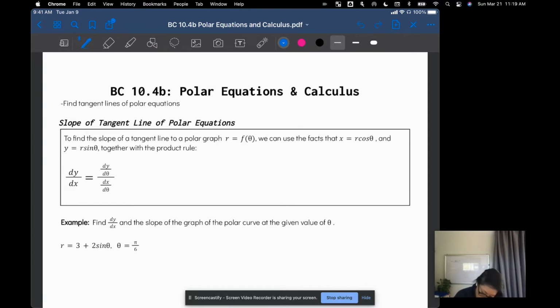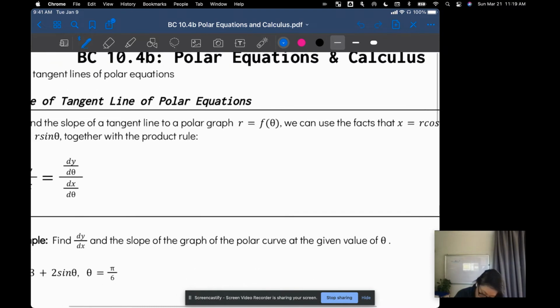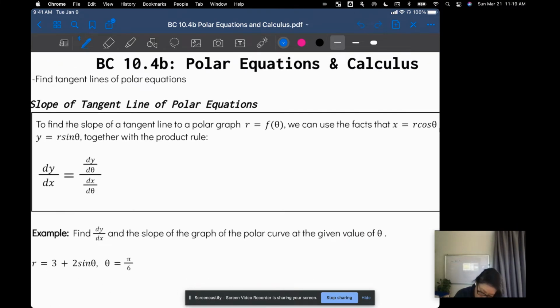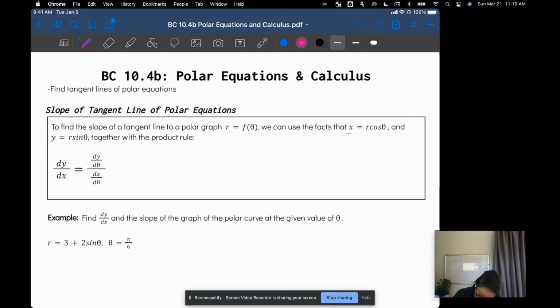Okay, so if we have a polar equation that's written in terms of r equals f of theta, so the radius is equal to an equation in terms of theta, we can write our polar equation parametrically, using the equation for the x component and then the equation for the y component.